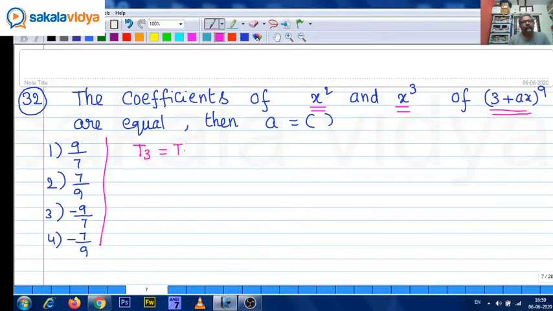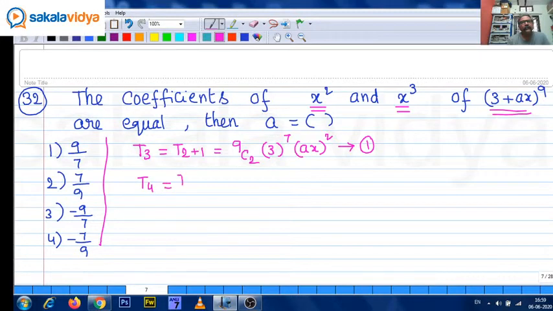T3 is equal to T(2+1) equal to 9C2 3^7 (ax)². Say equation 1 this is. And next x³ will consist of the fourth term.